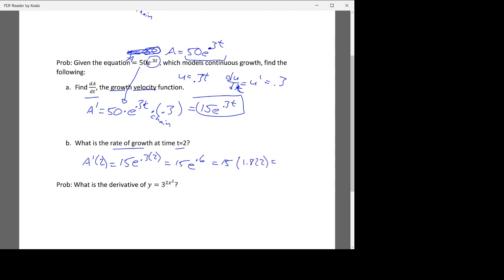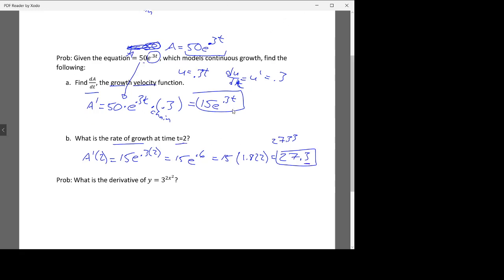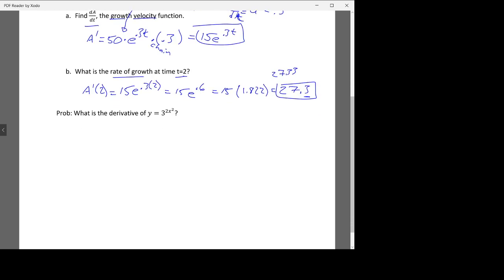And I'm just going to leave it all in the calculator and multiply times 15. We get 27.33 or 27.3. In general, if all your numbers have no decimal points, like 50 and 2, then you give it 1 decimal point. You always give like 1 more decimal point of accuracy in your answer, just to help for intermediate stuff.